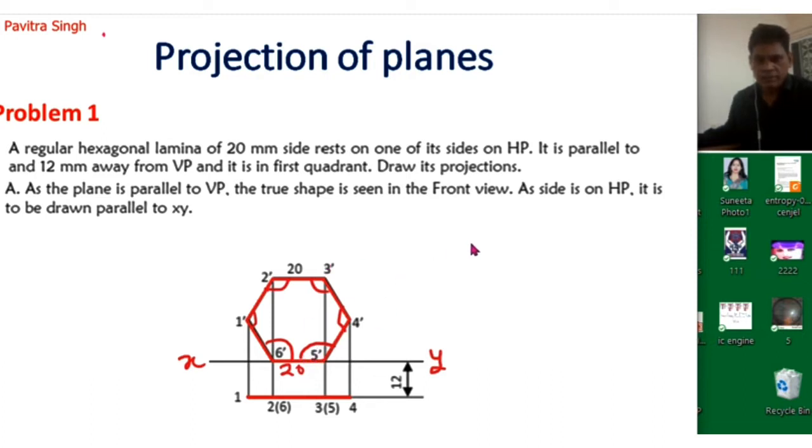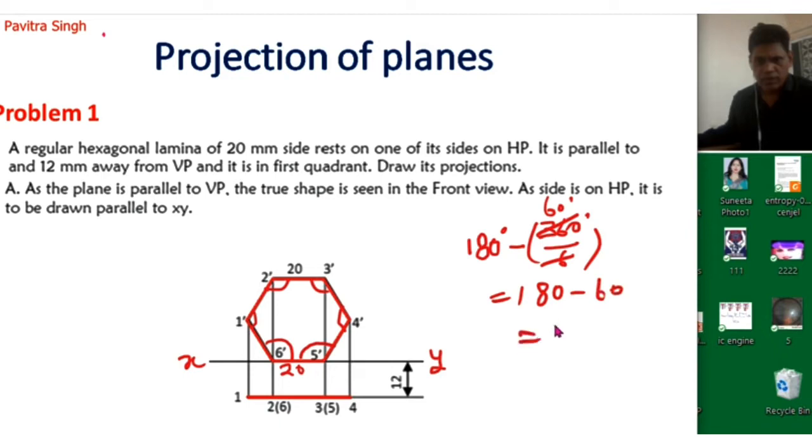We can calculate this angle: 180 degrees minus 360 degrees divided by the number of sides, 6. So this will be equal to 120 degrees. This angle will be 120 degrees.